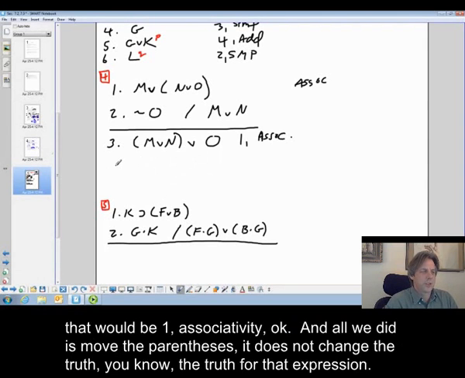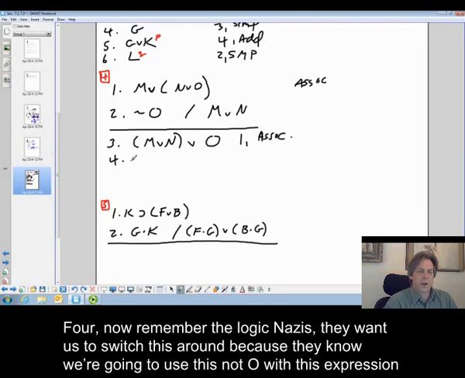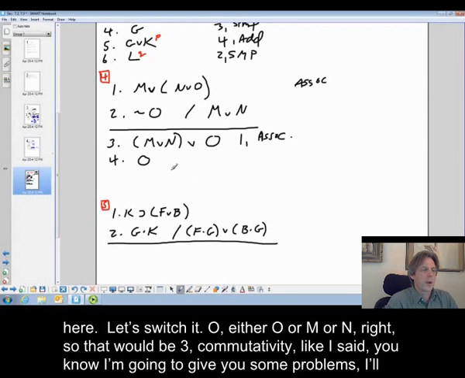It does not change the truth value of that expression. Now remember the logic Nazis. They want us to switch this around because we know we're going to use this not O with this expression here. Let's switch it. Either O or M or N, right? So that would be 3 commutativity.